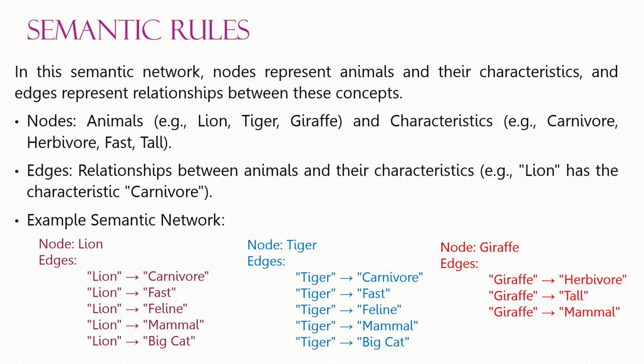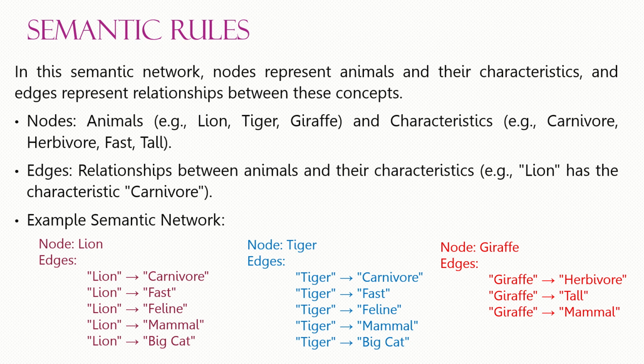Let us define the nodes as animals, for example a lion, tiger, and giraffe, and characteristics like carnivore, herbivore, fast, tall, etc. The edges are the relationships between the animals and their characteristics. For example, the lion has the characteristic of carnivore, right?